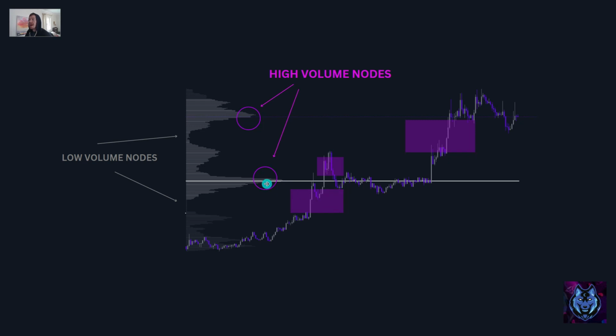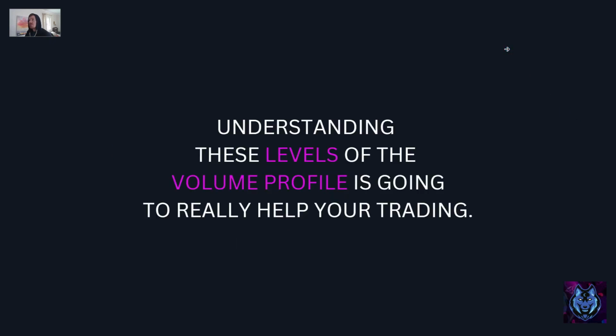So you can see the high volume nodes are usually the areas where price pushes away from that point. And that push away, that explosive move in between, is where we get the low volume nodes. These are places where these big moves happen. Understanding these levels of the volume profile is going to really help your trading, because you will know where to get in, where to set your targets, and where not to get in.